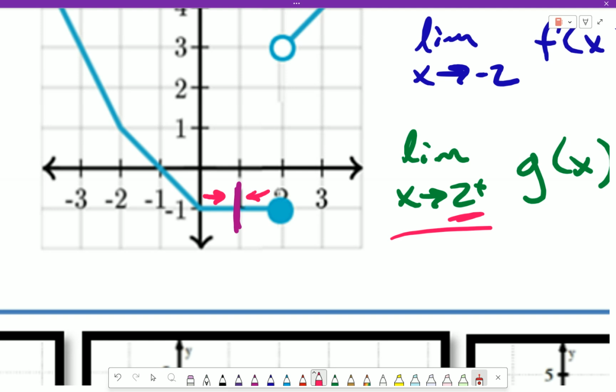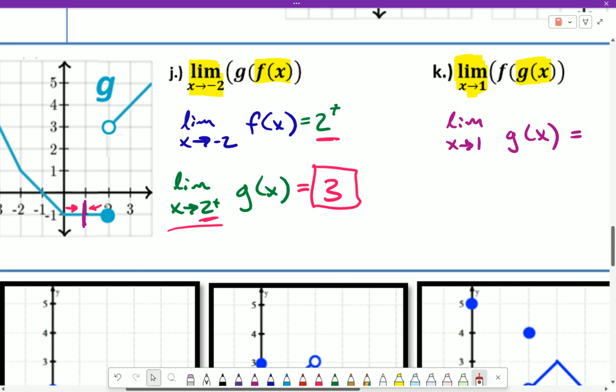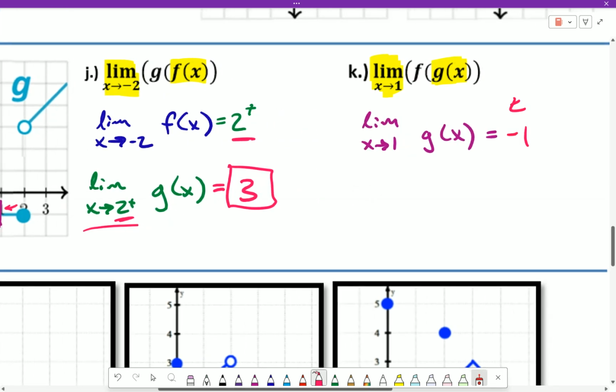-1. Am I getting numbers bigger than -1 or less than -1? Neither. It's exactly -1. Not numbers bigger than or less than, but exactly -1. I am taking that value and plugging it into the other function, which in this case is f.